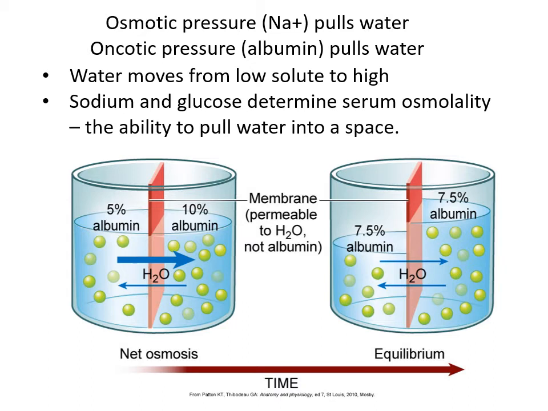Osmotic pressure is really the movement of water from an area of low concentration, say of sodium, for example, to an area of high concentration of sodium. So the water wants to move to a more concentrated area to dilute it and to make it even. That's osmotic pressure. Okay, and it doesn't have to be sodium, it could be any electrolyte.